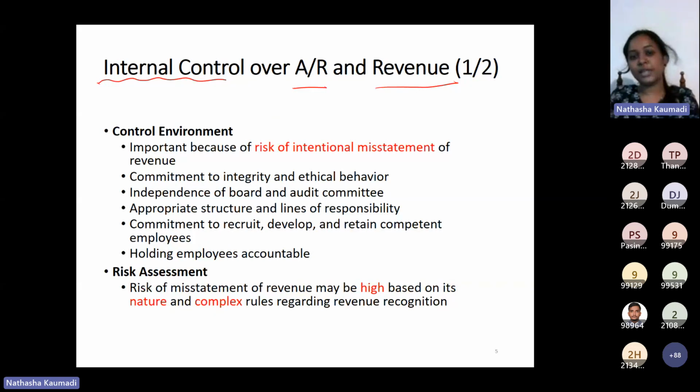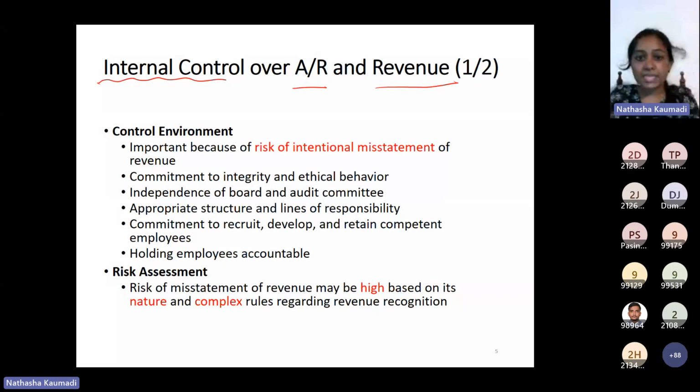So control environment. When you understand internal controls related to accounts receivables and revenue, you need to analyze the control environment. What do you mean by the control environment in the organization? Basically, tone at the top. When you take board of directors and senior managers, they are creating this control environment.